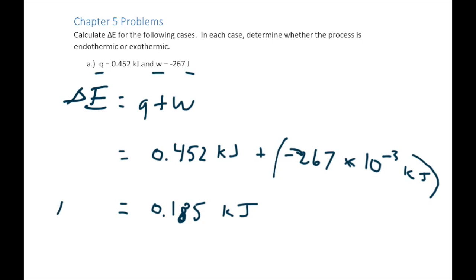That's delta E. And the next question is determine whether it is endothermic or exothermic. Since we got a positive number for delta E, then you know that this process must be endothermic.